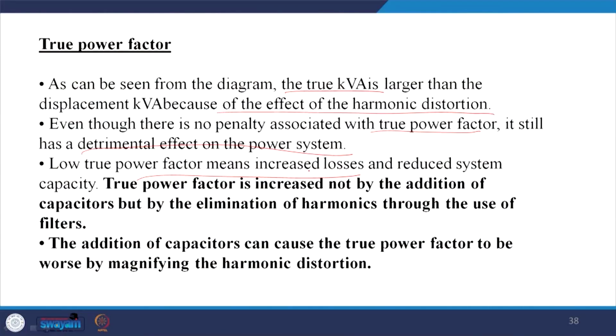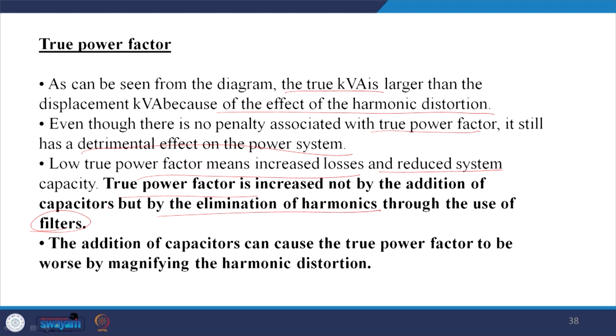The true power factor means increased losses and reduced system efficiency or system capacity. The true power factor is increased not only by addition of the capacitor, but by elimination of the harmonics by use of filters that can be active or passive.